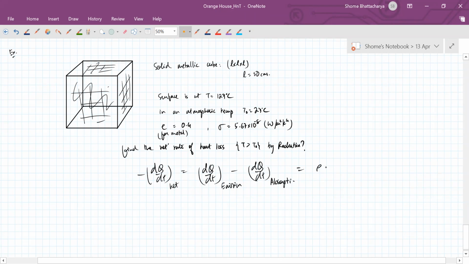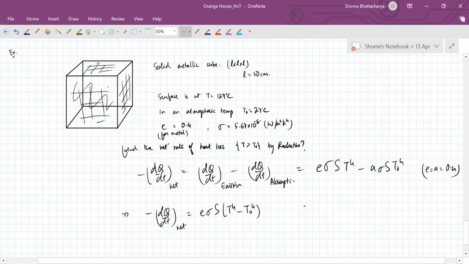So that is E sigma into surface area into T to the power 4 minus A sigma into surface area into T naught to the power 4. But remember, E is equal to A, equal to 0.4 over here. Okay. So this net rate of heat loss becomes E sigma into surface area into T to the power 4 minus T naught to the power 4.